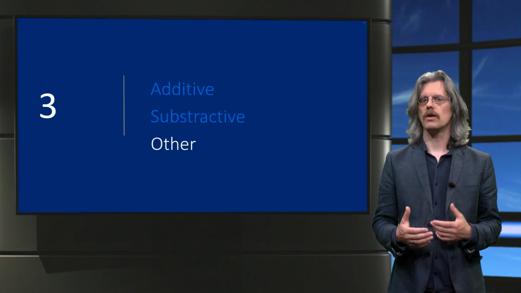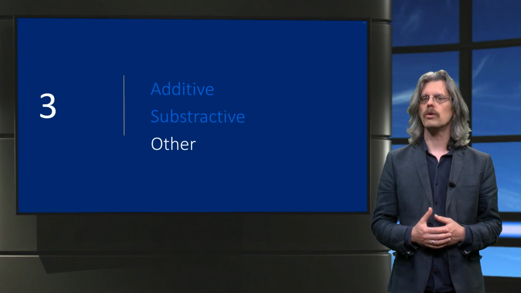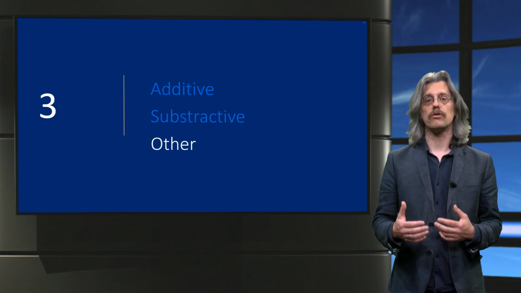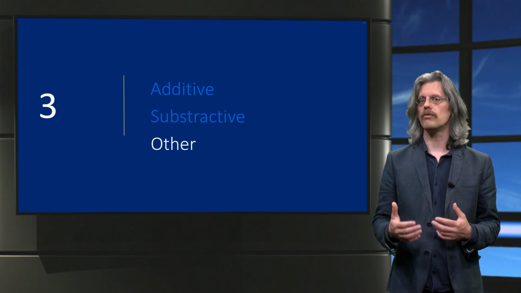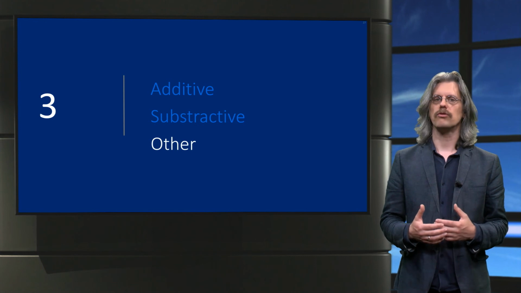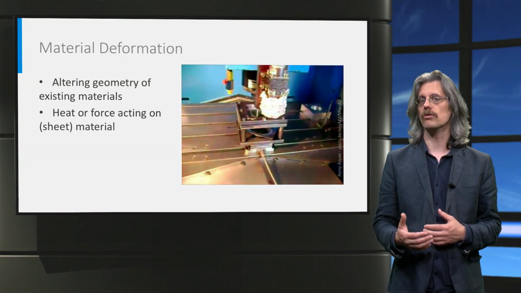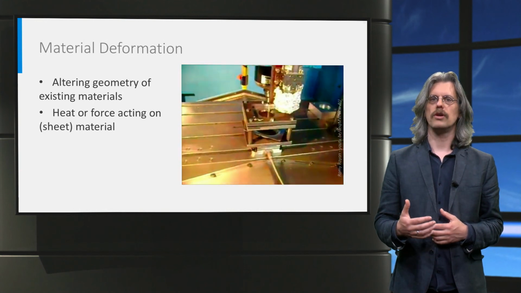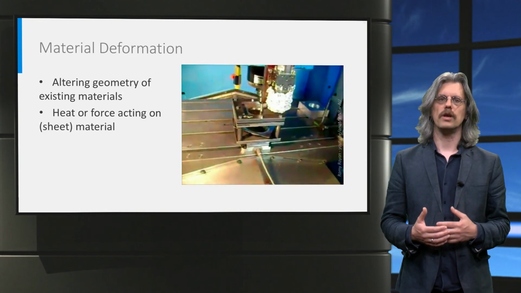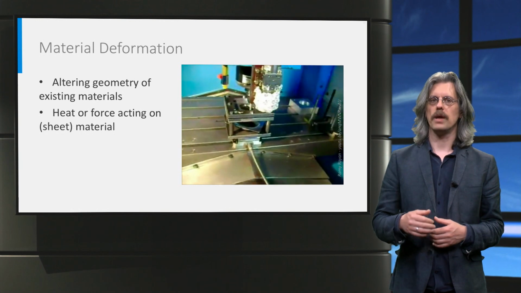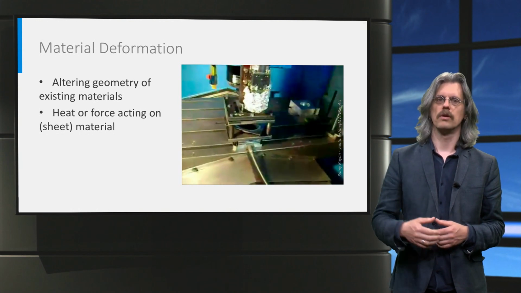Apart from additive and subtractive technologies, there's a growing set of methods that are also digitally controlled, but they work in different ways. We will discuss two of these. First, there's material deformation, specifically digital sheet metal forming, that uses heat and force to deform a planar sheet point by point.